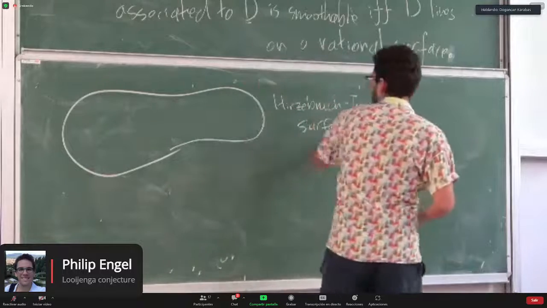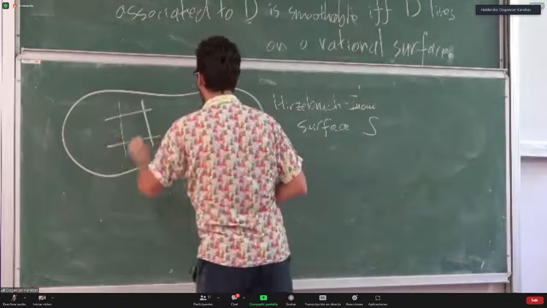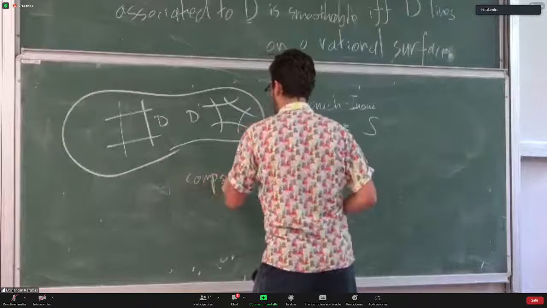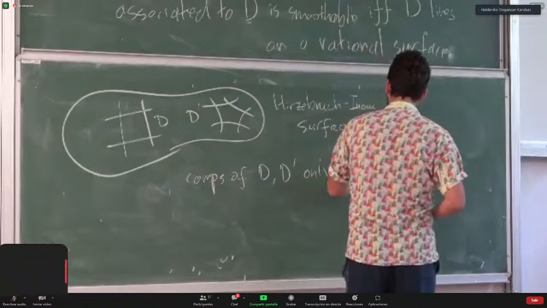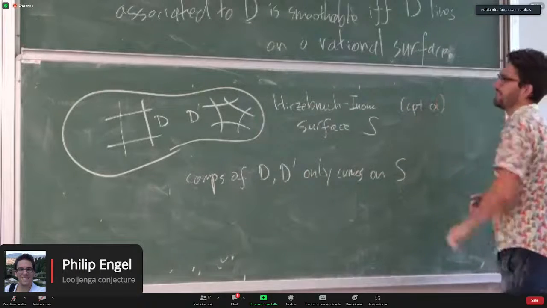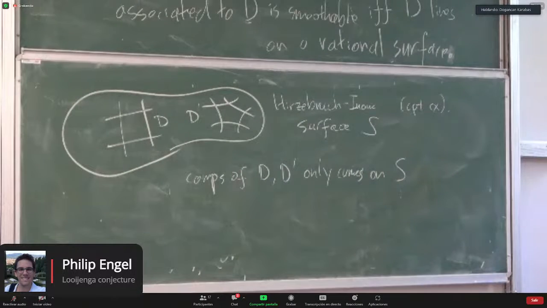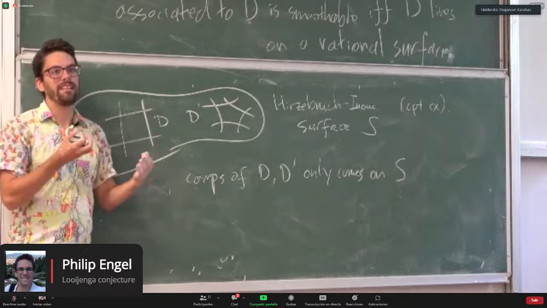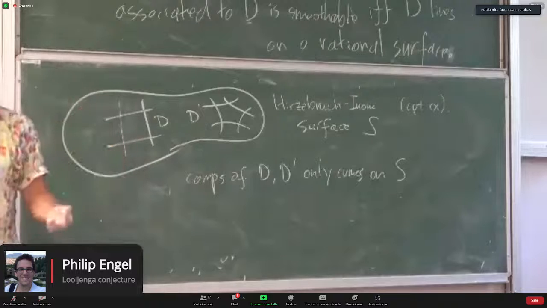There's this surface S, and it has these two cycles on it, possibly of different length, D and D prime. And the components of D prime are the only curves on S. This is a compact complex surface S. People were trying to classify compact complex surfaces, and these surfaces came up that had exactly two cycles of rational curves on them. And there was one such surface for each pair of dual cycles, essentially. So that was originally where this duality came up.